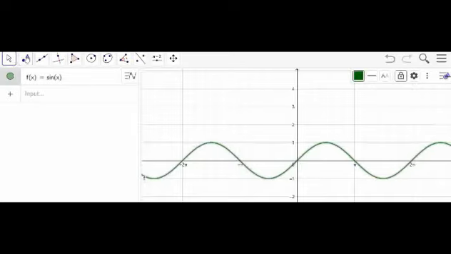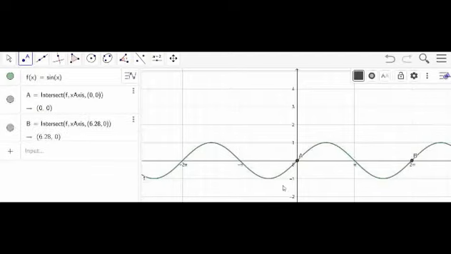Take the point 0 here, the point A. We are going to discuss the applicability of Rolle's theorem for the function f of x equals sin x in the interval 0 to 2 pi. So we take any point C here.